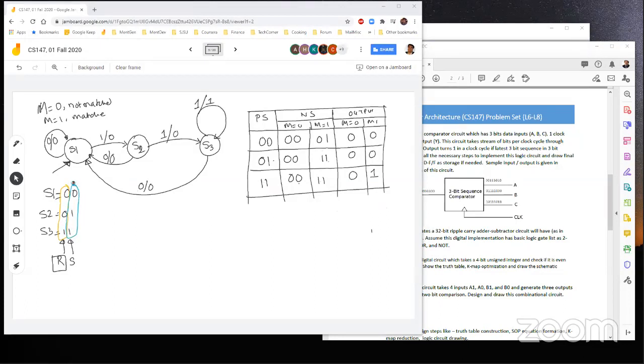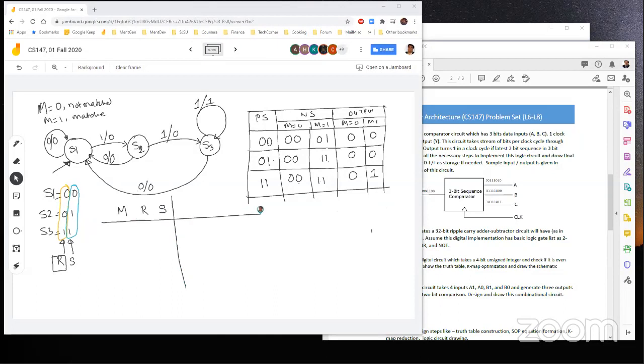From that, we define the table with primary input M and current state RS. That's on my input side.